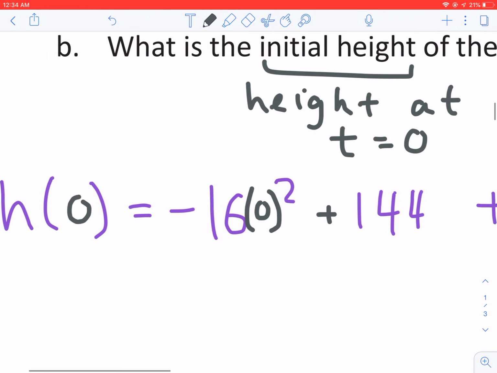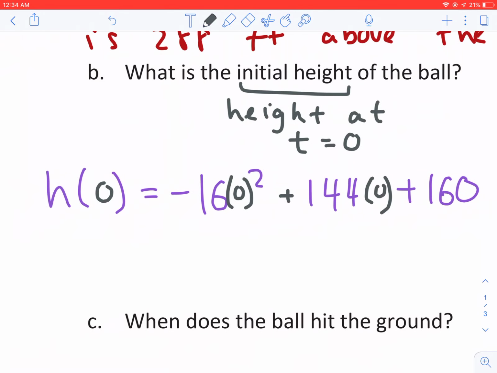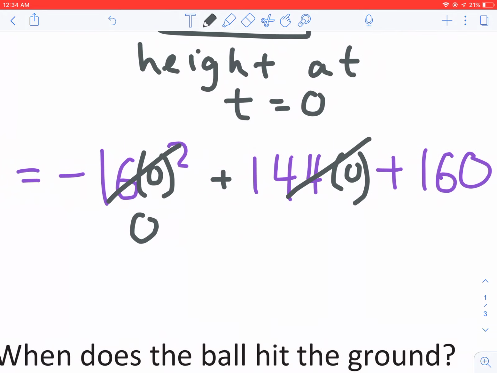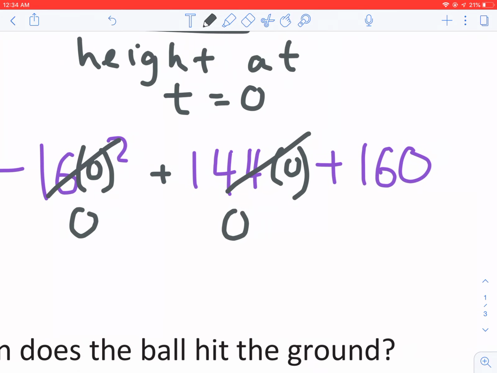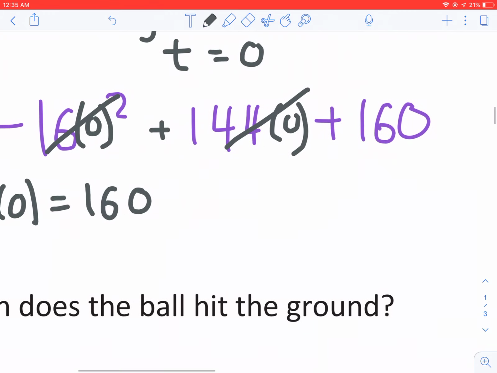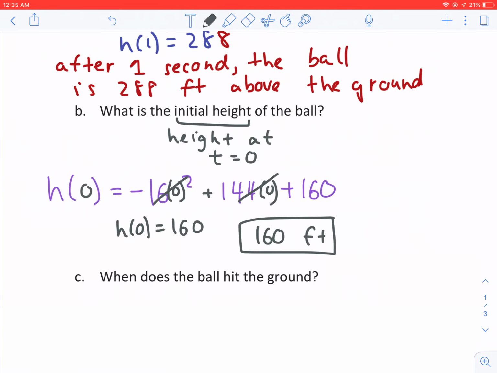So that's going to be negative 16 times 0 squared plus 144 times 0. Negative 16 times 0 squared is 0. 144 times 0 is going to be 0. And we're going to be left with just 160. So h of 0 equals 160. That means the initial height at time 0 is 160 feet.